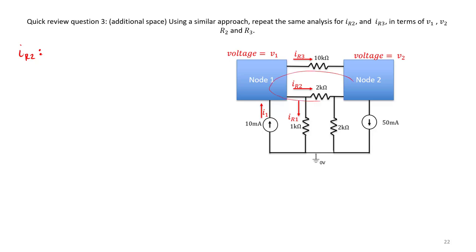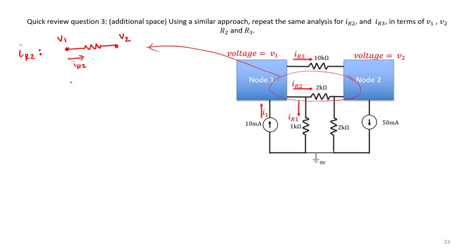Notice IR2 looks something like this. So first I have voltage V1 on the left side, and then I have voltage V2 on the right side. And I'm assuming my current IR2 is flowing from V1 to V2.